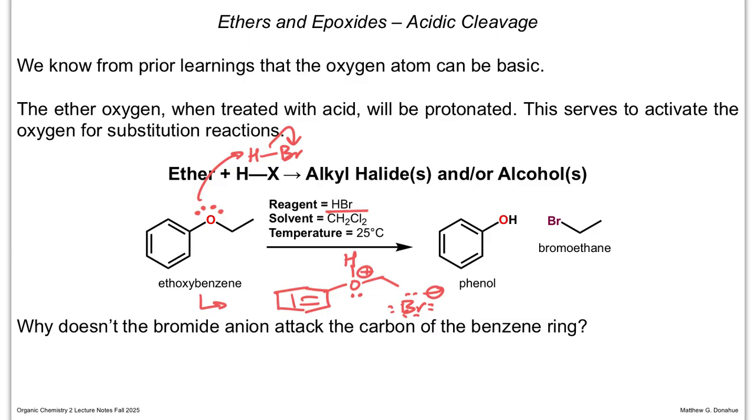Oxygen plus, we've generated Br minus, that's now an anion. And what can happen because this oxygen is activated, the Br minus can act as a nucleophile through an SN2 reaction.